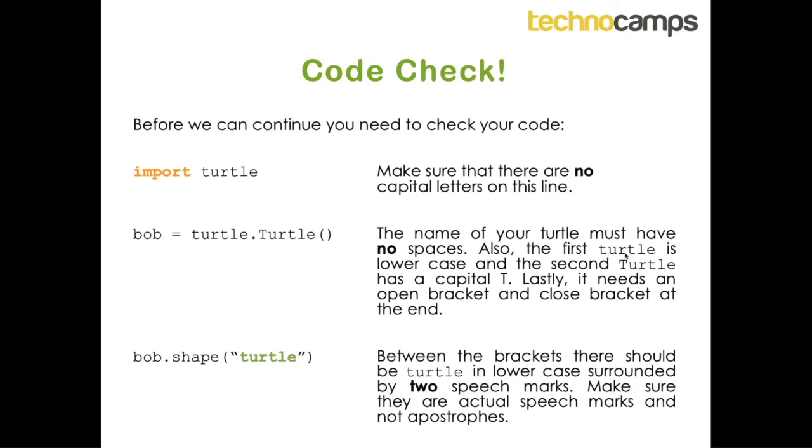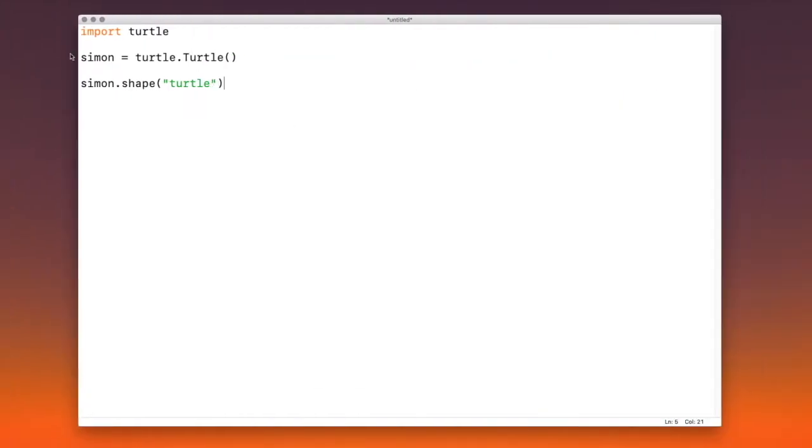The first turtle has no uppercase, and the second turtle has one capital T, and only one. And it has an open bracket and a closed bracket at the end with nothing inside. Do I have that? Yes. So, no capital letter, one capital letter, and open bracket, close bracket.